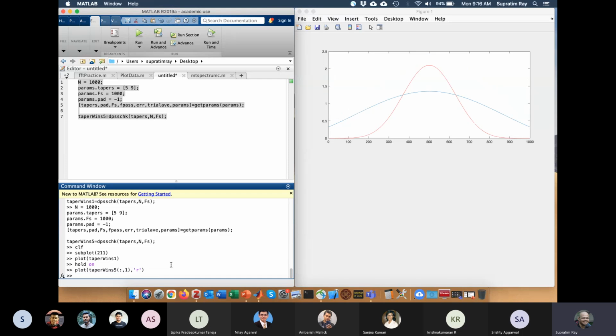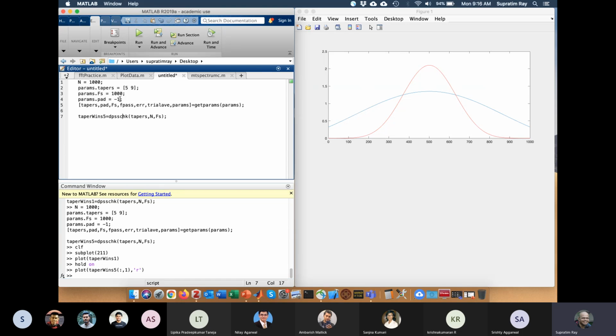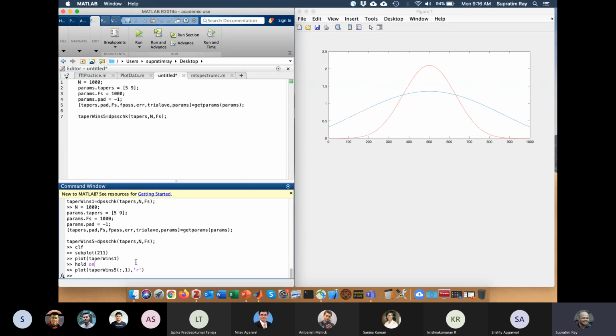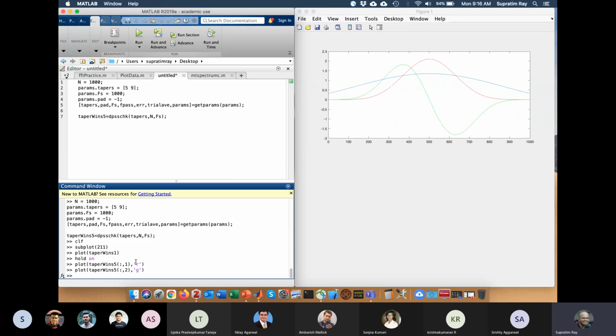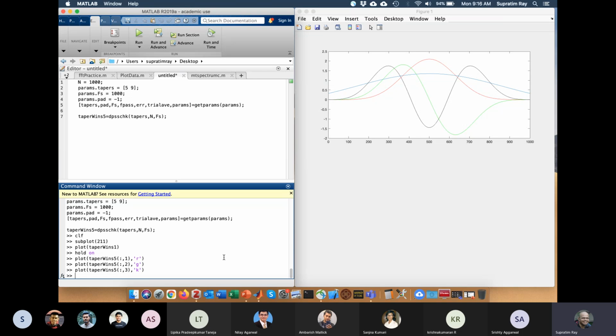This is the first taper in the multi-taper method when you chose TW equal to 5 and you have 9 tapers at your disposal. So I could also plot the second one. Let's say green. See, this is going to be now orthogonal to the red one. And then 3 would be, say, black. This again is orthogonal. So these are now the multi-taper windows.